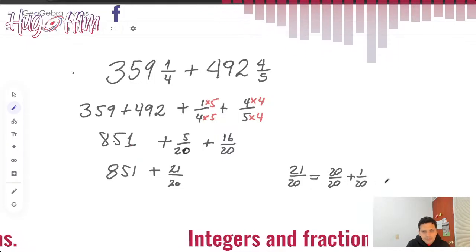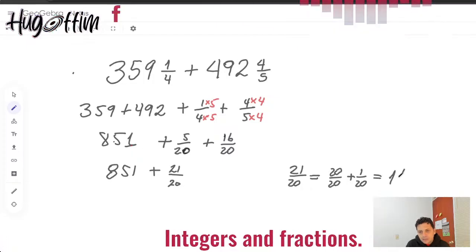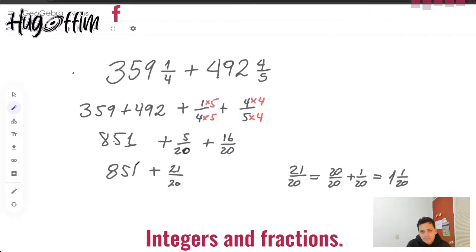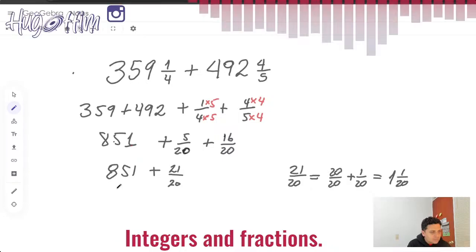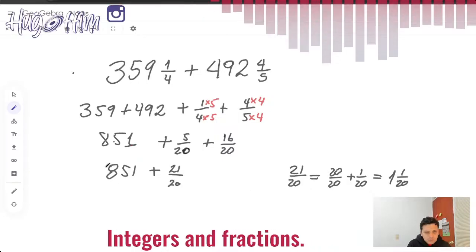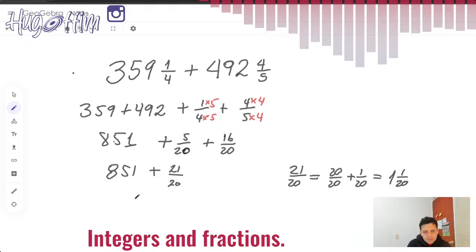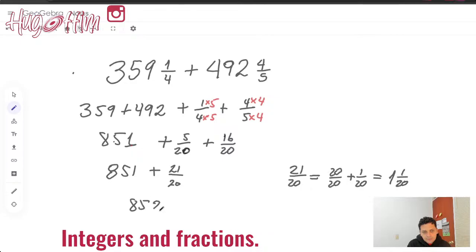This is going to be 1 whole and 1/20. So my answer is going to be, I just need to add 1 whole to 851. So I'm going to put 852 and 1/20.